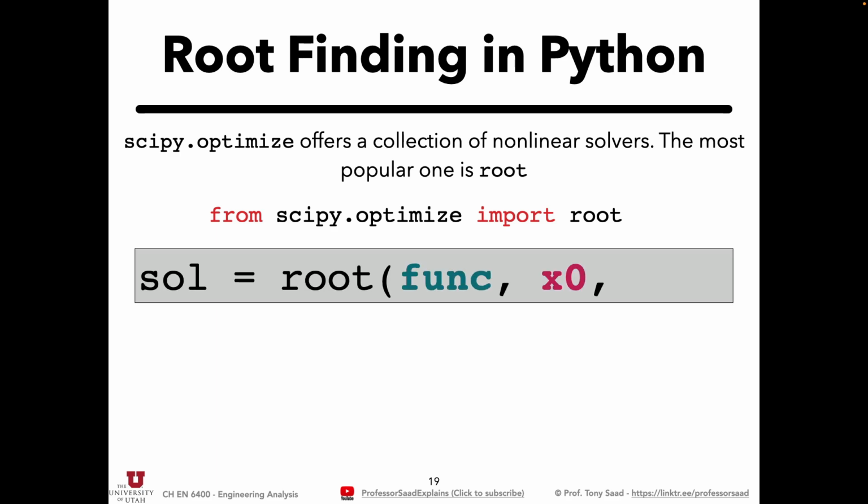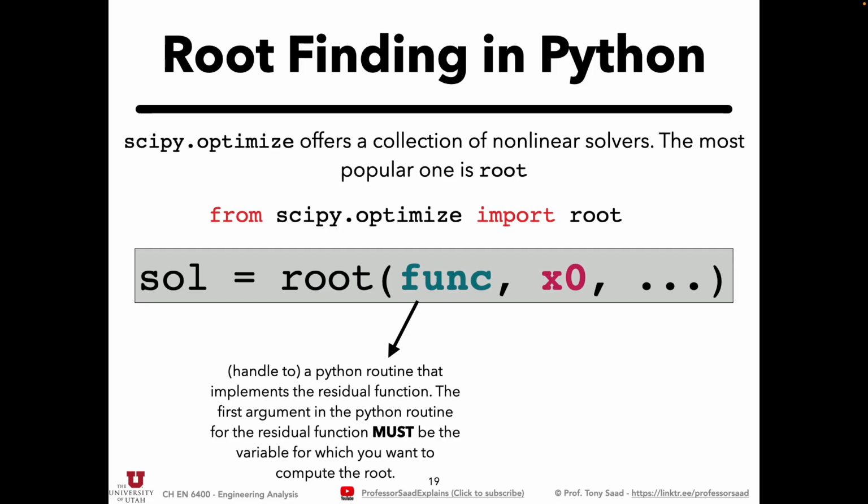And the way you call it is simple. You say solution, or my root, equal to root. You're going to give it at least two parameters. Whatever else comes here, we can talk about later. What are those parameters? The first one is a Python routine that implements your residual function. Now, what does that mean?